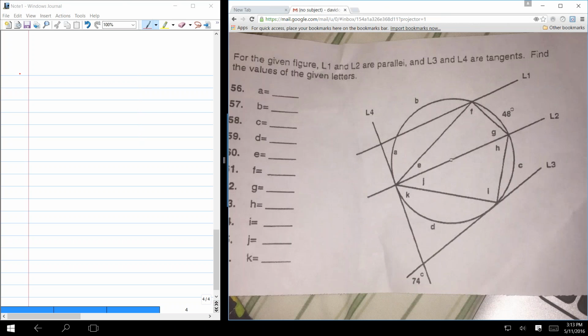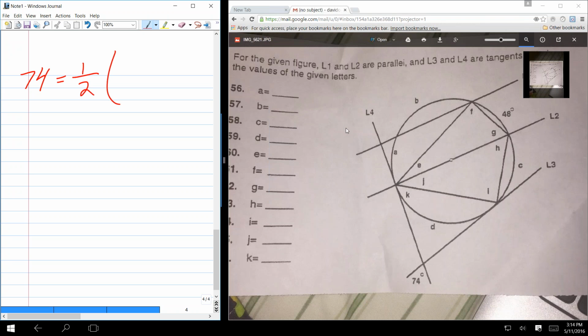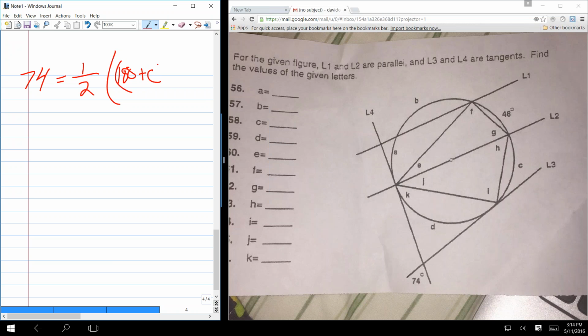If we look at that 74-degree angle, this is going to solve almost the whole triangle, I think, if we solve this. 74 equals half of A plus B plus 48 plus C. So what is that? What's A plus B plus 48? That's 180. Plus C. That's the big arc, right? You with me? The little arc is D.